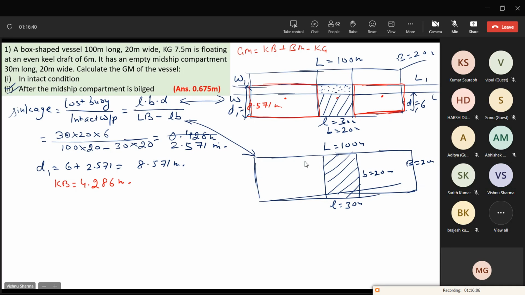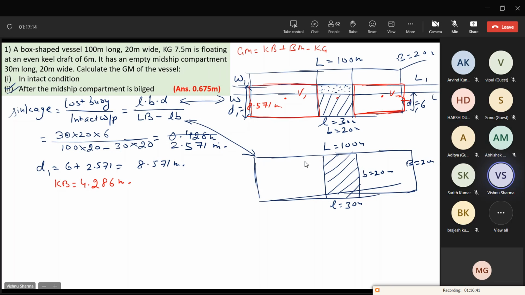So one way of doing, in phase one, when we had two volumes of buoyancy, V1 here, V2 here, was to take the vertical moment of V1 about keel and add the vertical moment of V2 about keel. That becomes the total vertical moment of the volume of buoyancy. Divide by V1 plus V2. That is one way of doing, and absolutely in order.